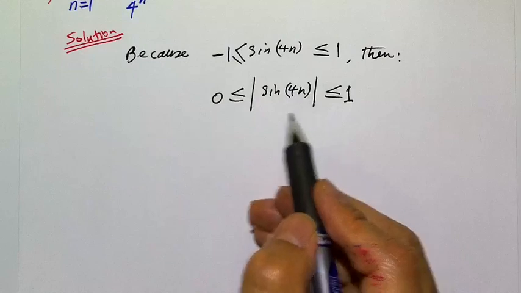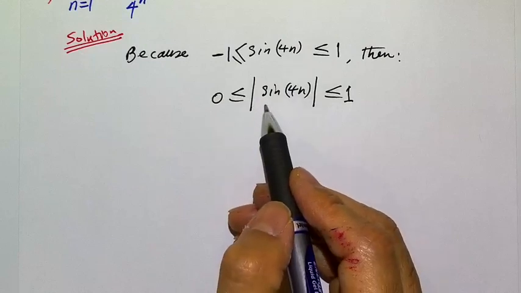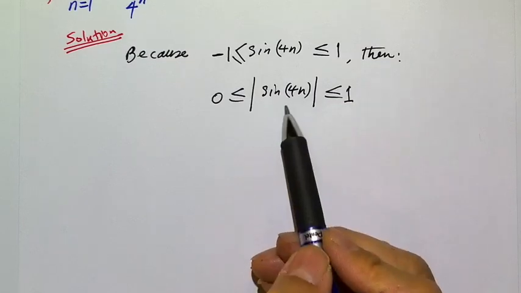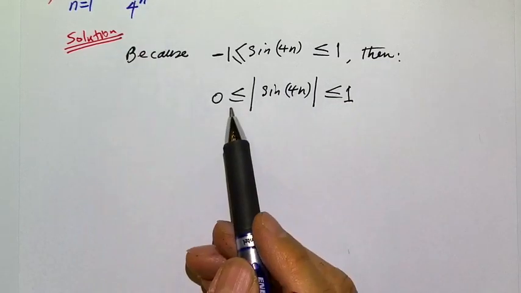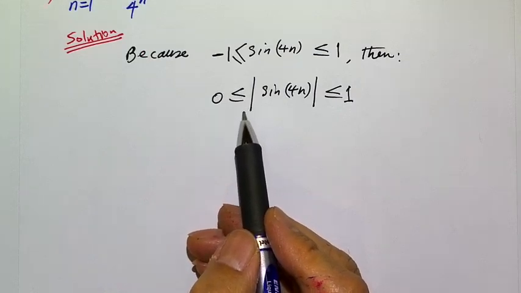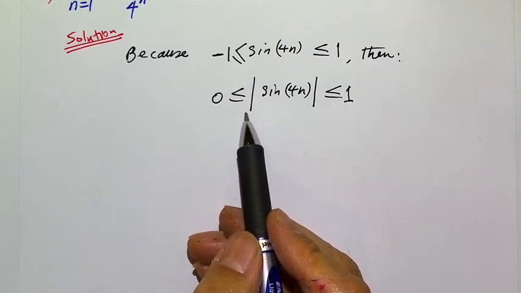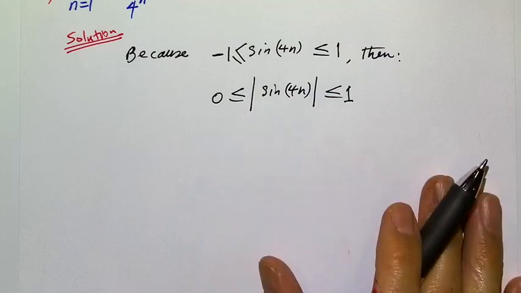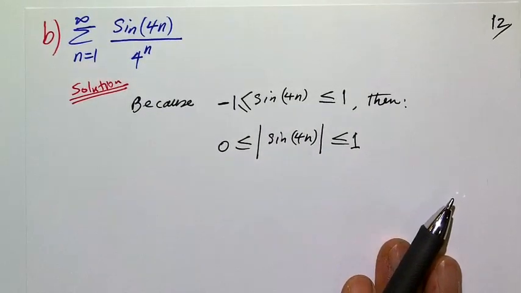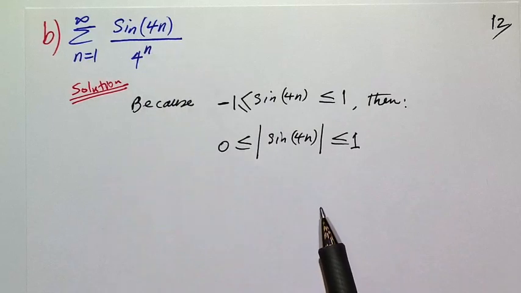So now let's compare this with another series. This being the numerator there, we can compare it with another series that we know how it behaves. Let's compare it with the geometric. Sorry, I was a little bit off the screen there.